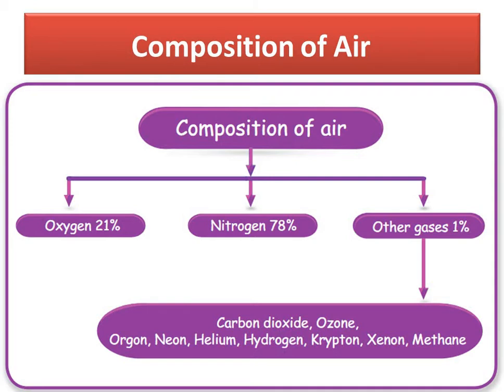So, composition of air can be divided into oxygen 21%, nitrogen 78% and other gases comprising 1%. The other gases include carbon dioxide, ozone, argon, neon, helium, hydrogen, krypton, xenon and methane.